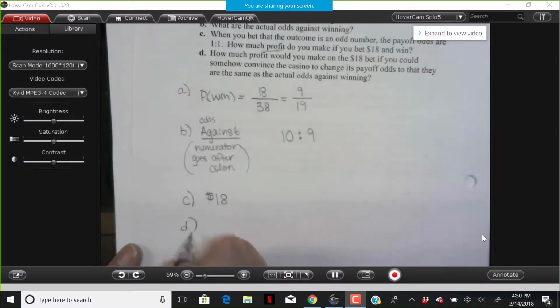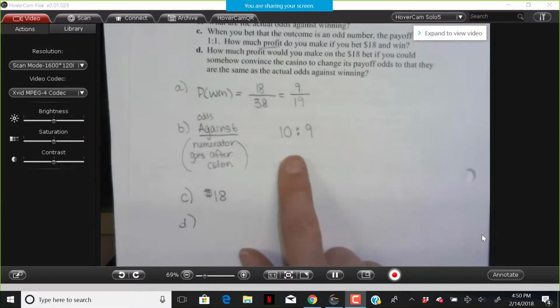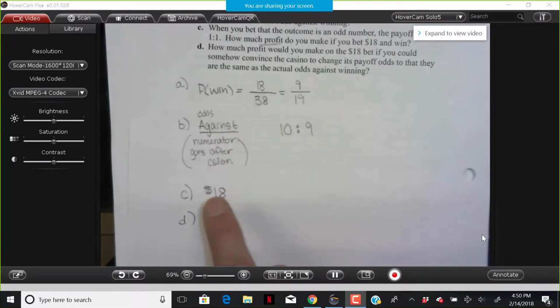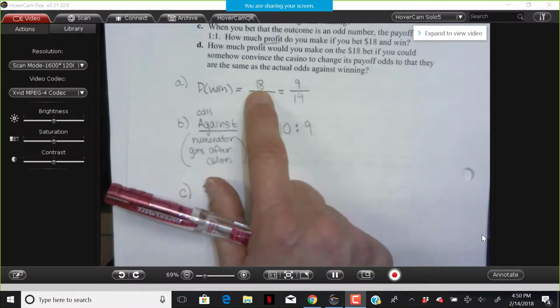Then part D, how much profit would you make on the $18 bet if you could somehow convince the casino to change its payoff odds so that they are the same as the actual odds against winning? If we look at the original fraction, the 18 matches what we had in the numerator.